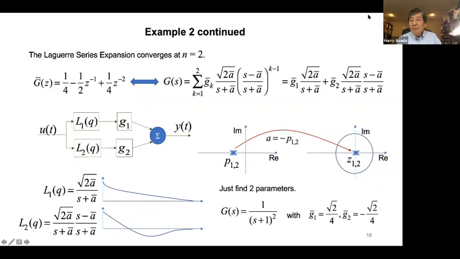So Professor Asada. Yeah. In this case, if you didn't know what the form of G(s) was, would you treat the Laguerre pole a bar and the order as hyperparameters and just see what works best for the system? Hey, Charles, that's an excellent question. That's exactly the case. We don't know.